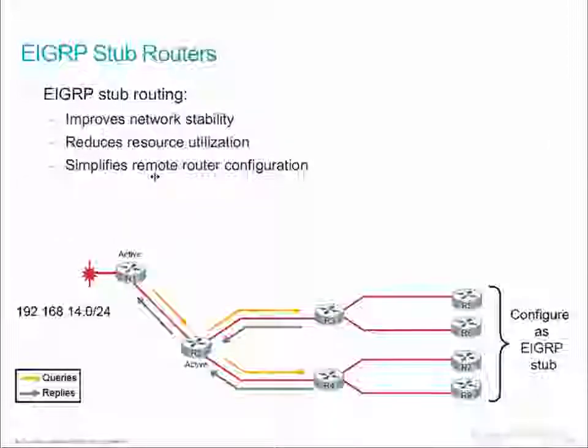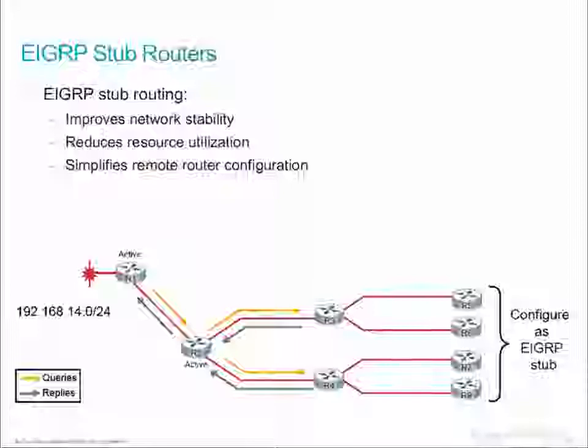All right? Now, there isn't really any reason in the case of our topology here that R1 should ever query R2 for any routes that exist beyond R1, because the only way that R2 gets to those routes is through R1. Does that make sense? So R2 is what we call a stub router.